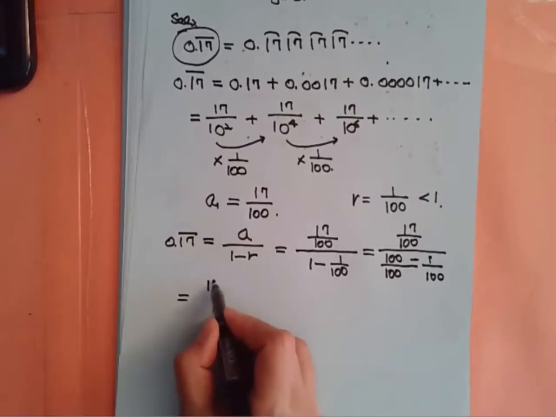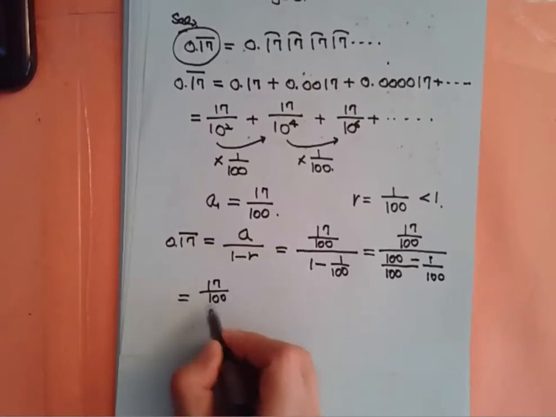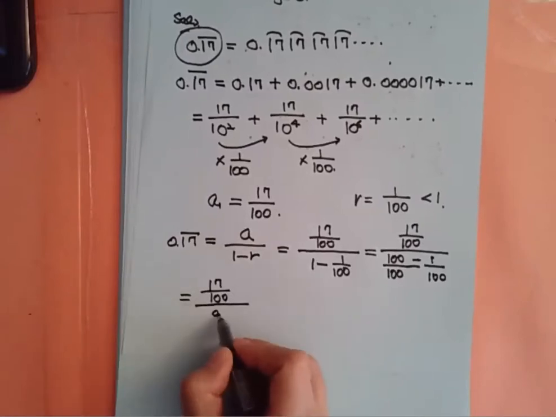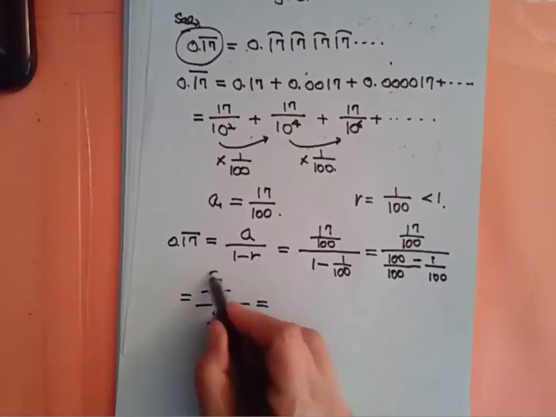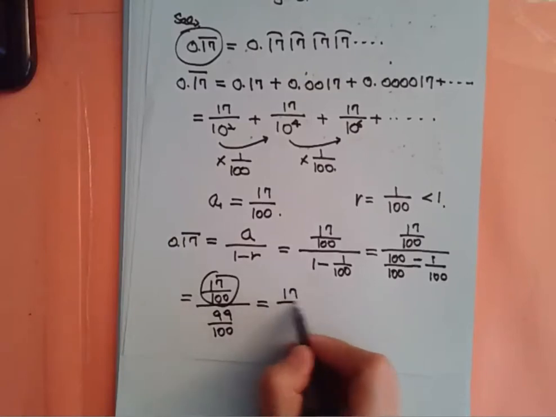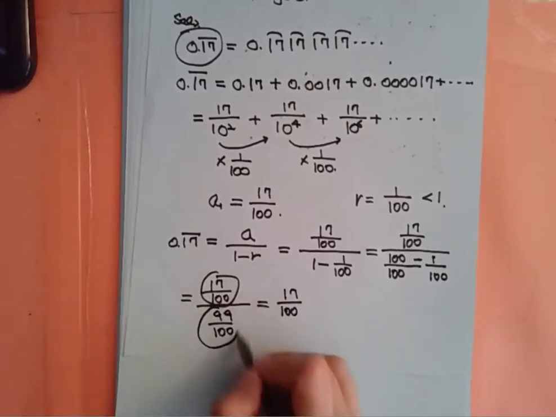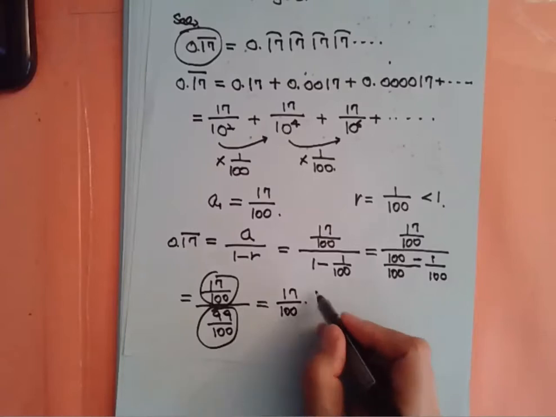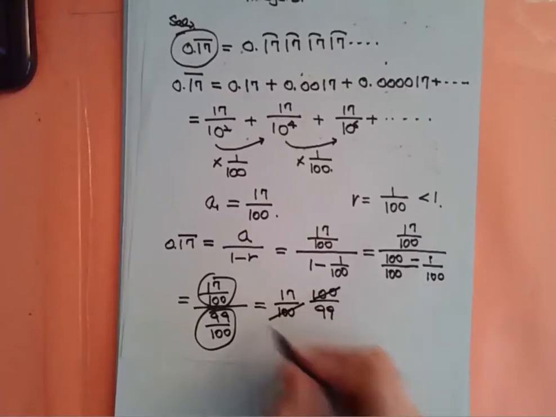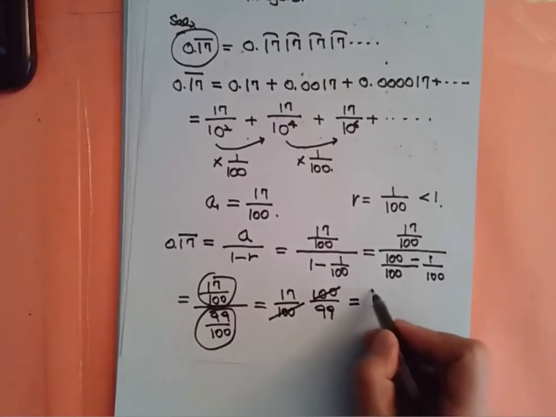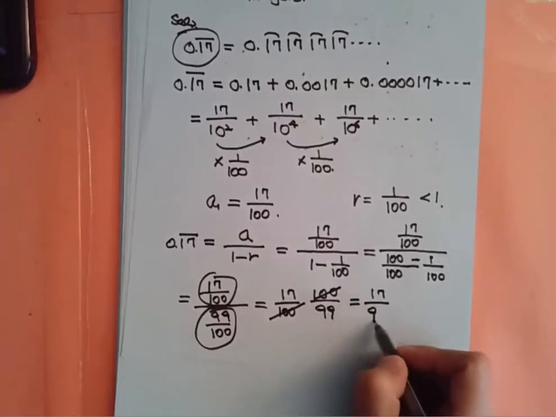So that is 17 over 100 over 99 over 100. So the numerator is 17 over 100 and the denominator is 99 over 100. So we flip it, so 100 over 99. And those will cancel each other. So 17 over 99.